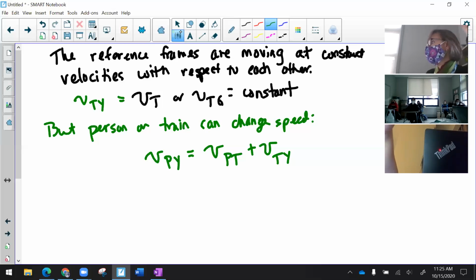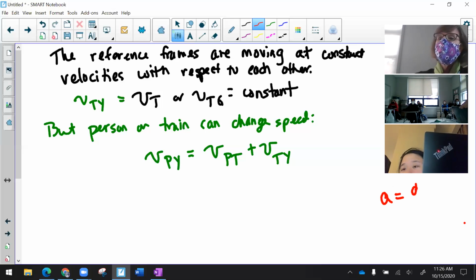What is acceleration always equal to? Tia. Right. And if we decide to use adult rules, freshman physics rules, that means that the acceleration is always equal to the derivative of the velocity.